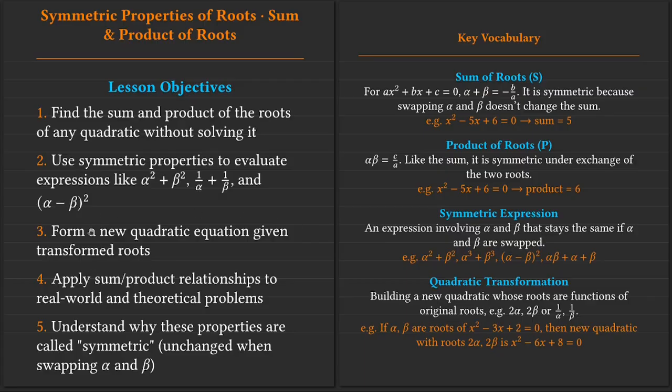You should be able to form new quadratic equations given transformed roots. You should also be able to apply the sum or product relationship to real world and theoretical problems. And finally, you should be able to understand why these properties are called symmetric.